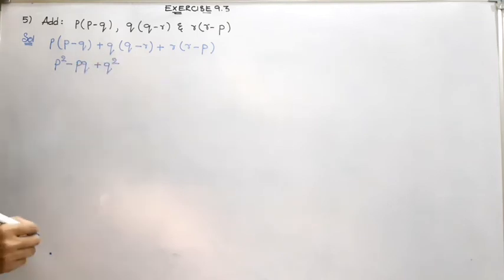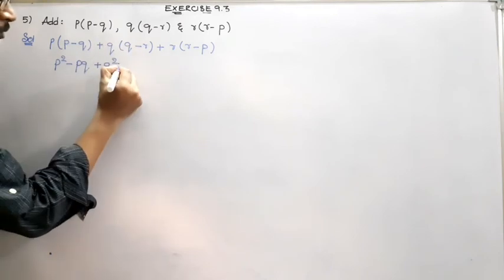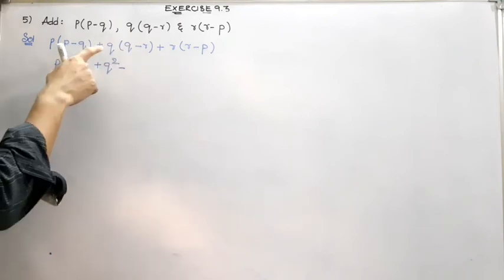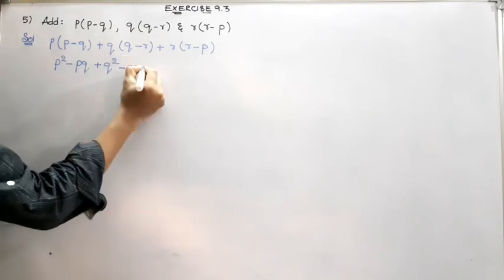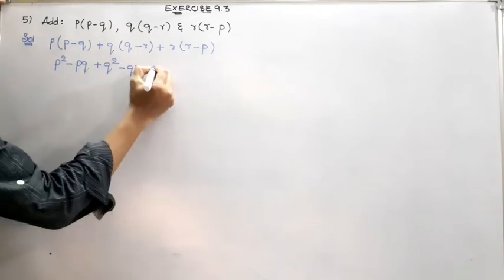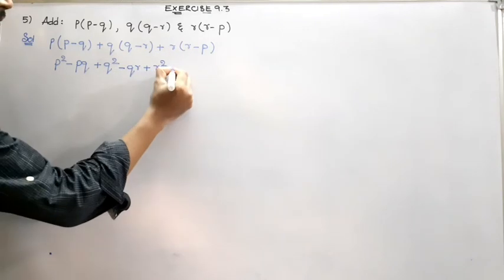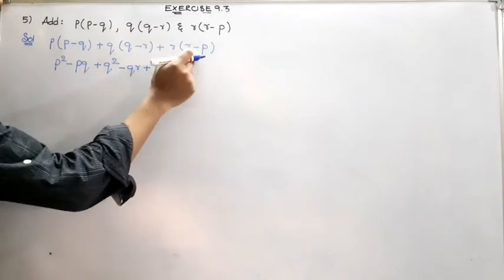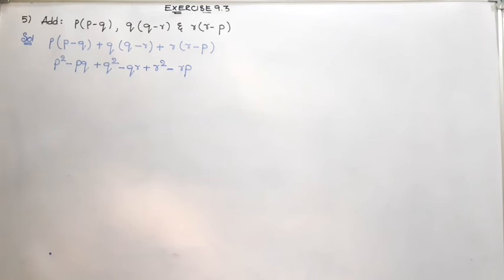From here on, look carefully children. Plus into minus, plus into minus is minus. Q into R, QR, plus R into R, R square, plus into minus, minus R into P, RP. So we cannot find any like terms.